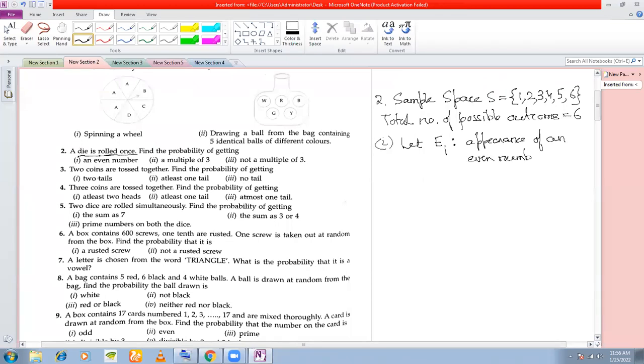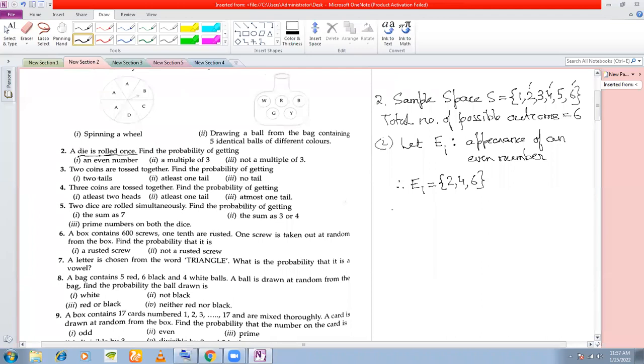Now you know that any event is a subset of the sample space. So what is E1 here? From the sample space, which elements am I going to select? 2, 4, and 6.